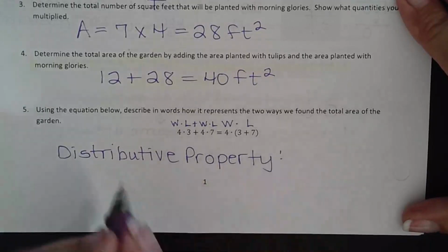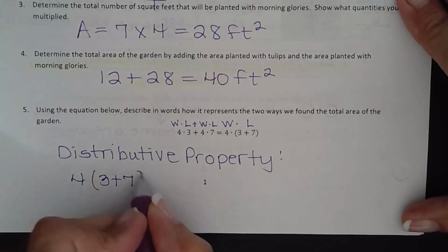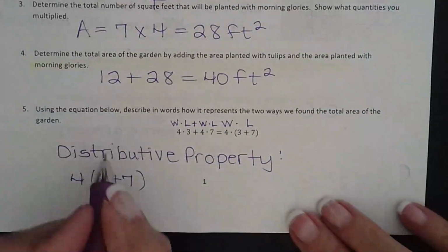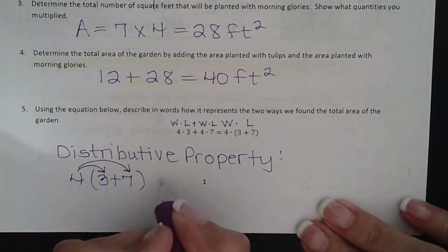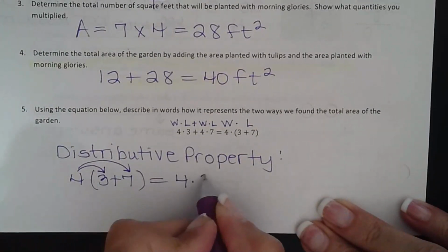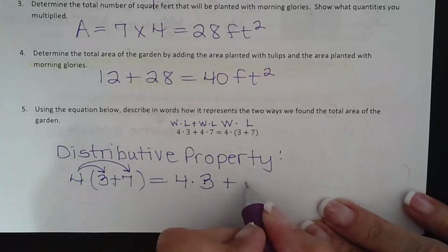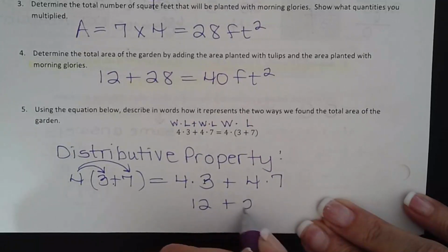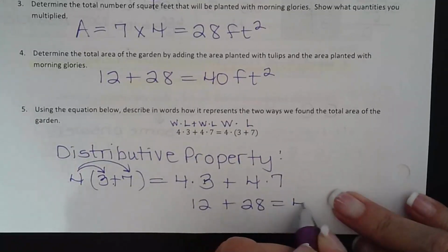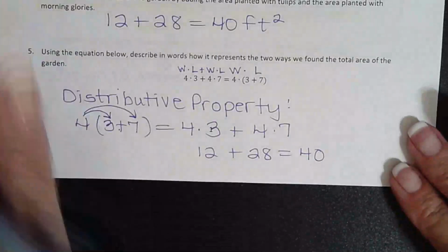It says that when you have 4 times 3 plus 7, to distribute means this. So it means 4 times 3 plus 4 times 7, which is 12 plus 28, or 40. So that is the distributive property of addition.